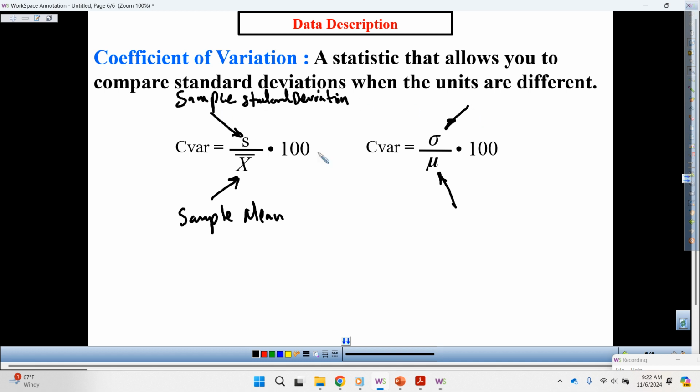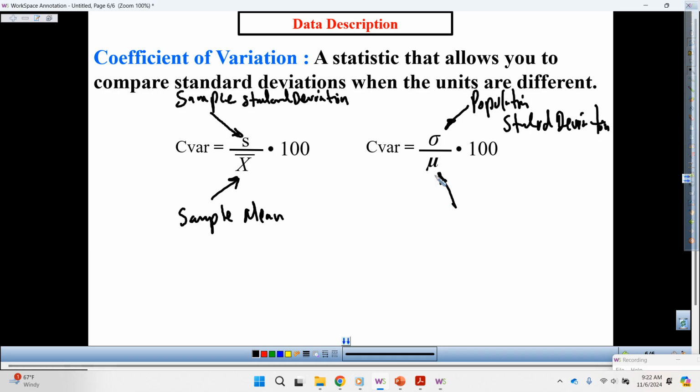If this is sample, that means this is sample standard deviation. That means this is population standard deviation. That is correct. Label that.